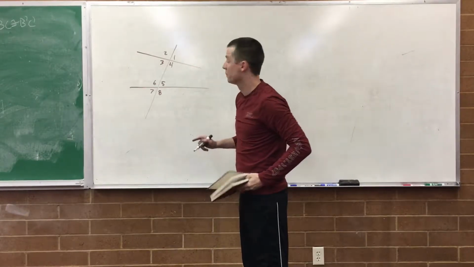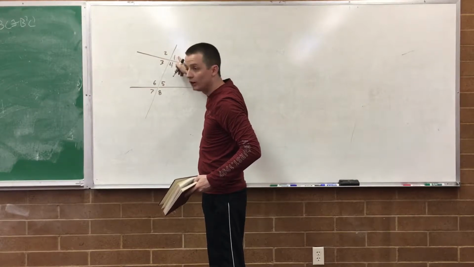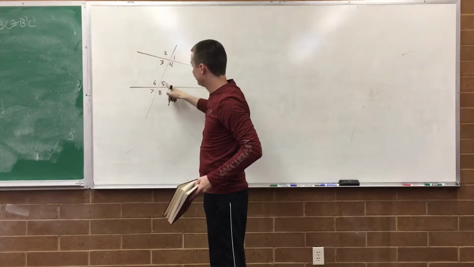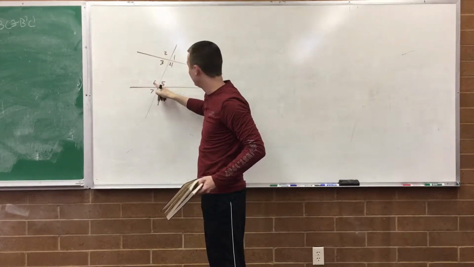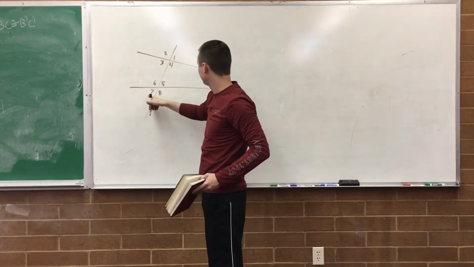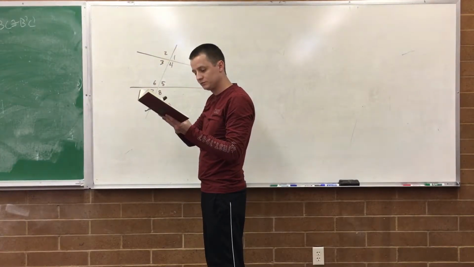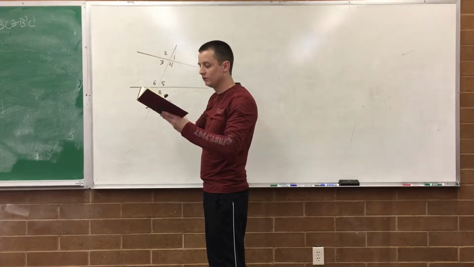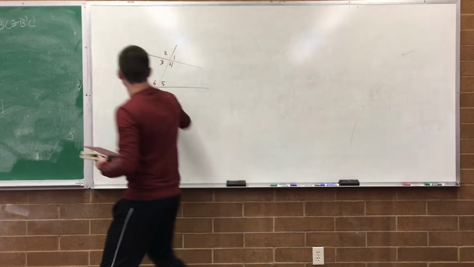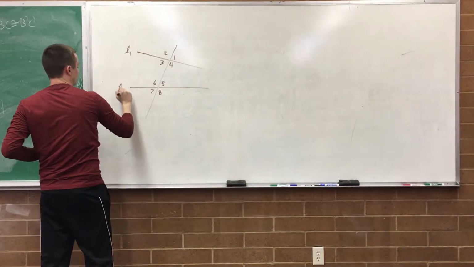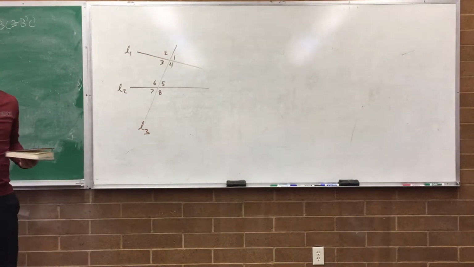First off, we have what's called corresponding angles. So 1 and 5 are corresponding angles, 2 and 6 are corresponding angles, 3 and 7 are corresponding angles, 4 and 8 are corresponding angles. Oh, maybe we should start with transversal. So if I had 2 lines, L1 and L2, then this new line, L3, is called a transversal.